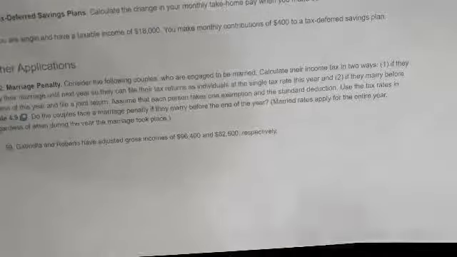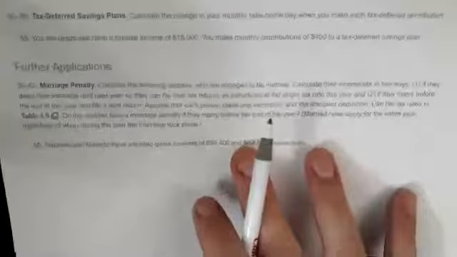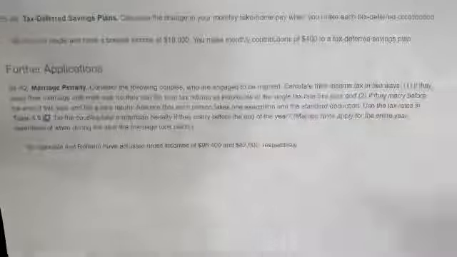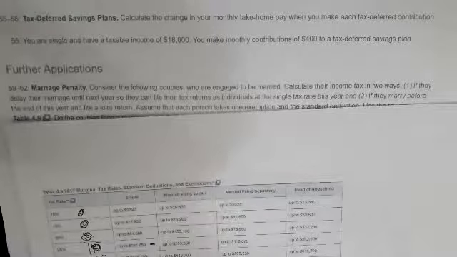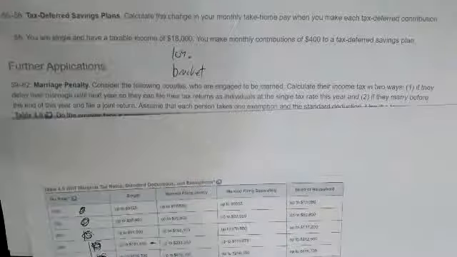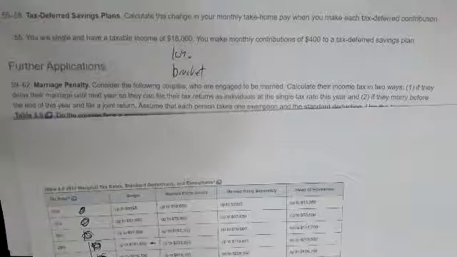And if we make monthly contributions of 400 to a tax deferred savings plan, how much is this going to save us? Is it going to save us 400 or is it going to save us less? What's it going to save us? So if we're in the 10% bracket, it's not going to take off the full 400, right?